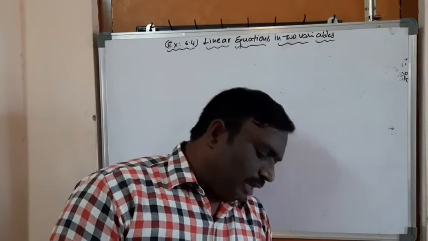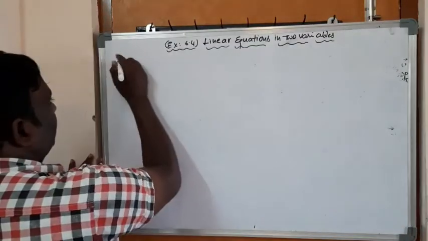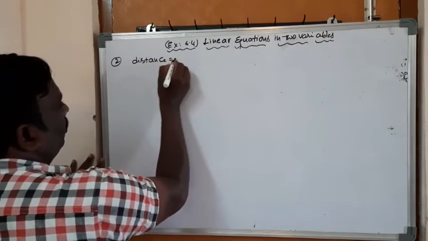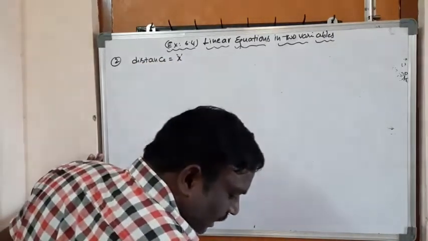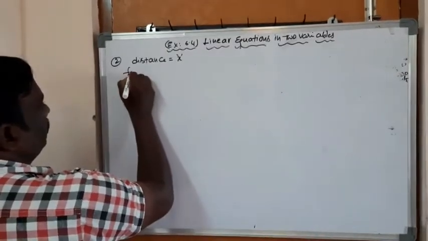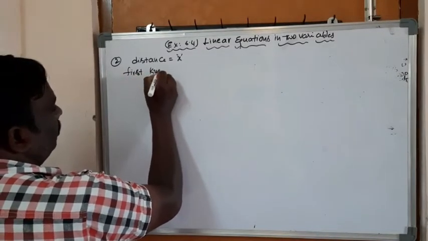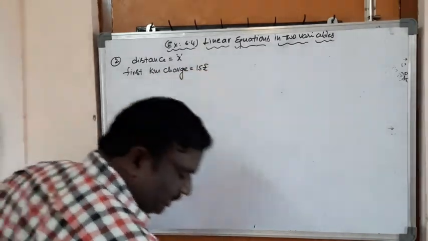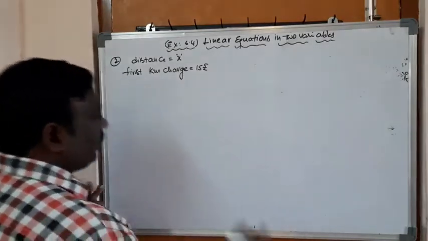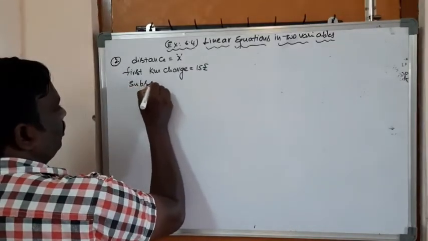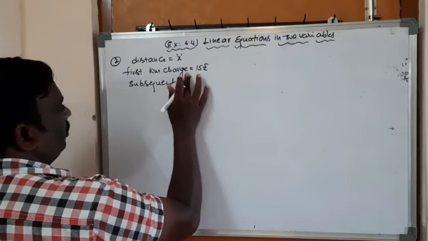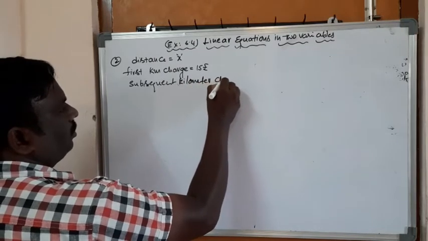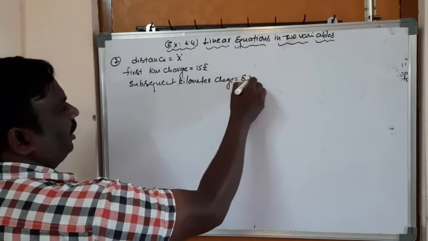So already he has given. Let the distance equal to x, and the first kilometer charge equal to 15 rupees, and the distance for subsequent kilometers. The subsequent kilometer charge equal to 8 rupees.